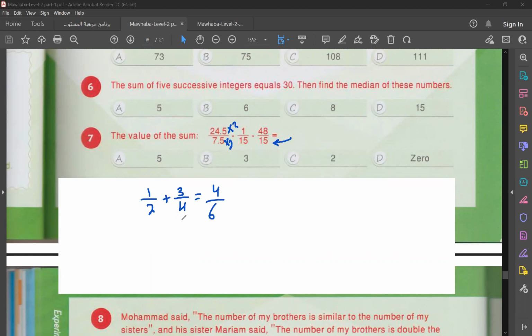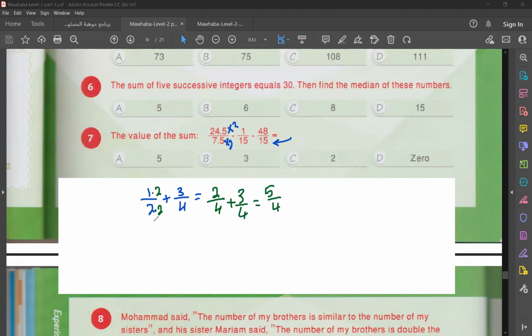No, because of the different denominators. So you must make the same denominator: multiply here by 2 and here by 2, then 2 over 4 plus 3 over 4, and the answer is 5 over 4.